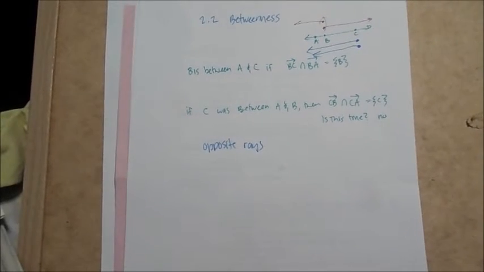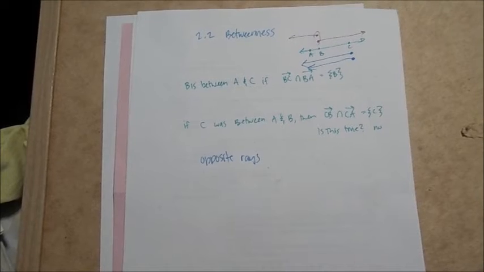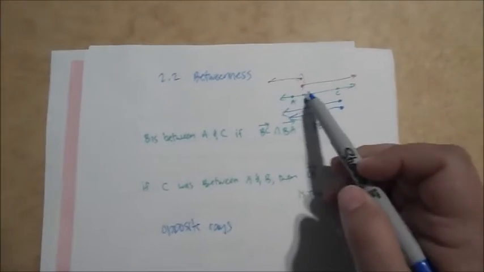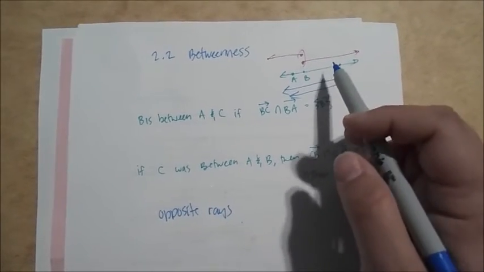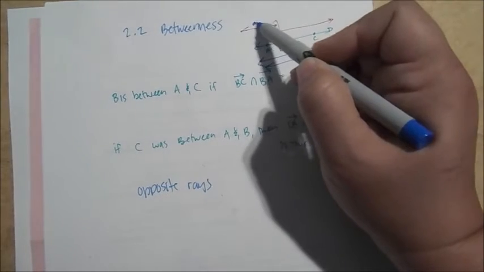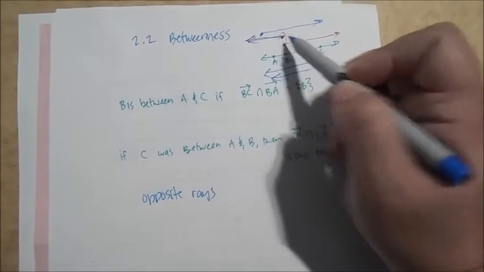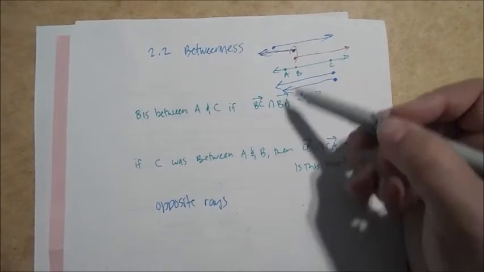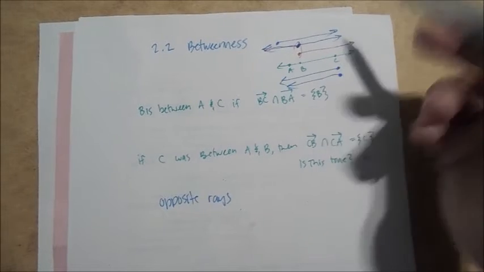The book says that you have opposite rays if and only if B is between A and C. So B has to be between A and C. You don't want any overlapping, so these two right here would not be called opposite rays. They have to have the same endpoint. And then you could say those two are opposite rays.